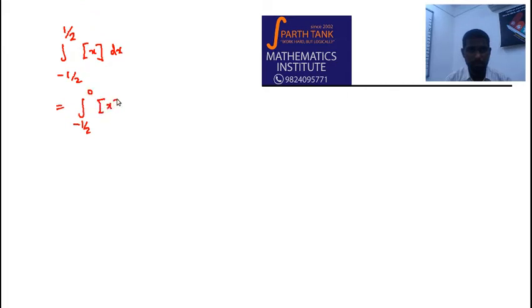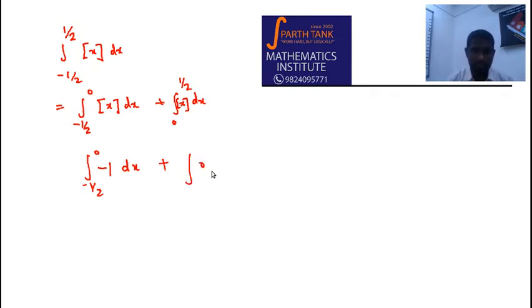Minus 1 by 2 to 0 and 0 to 1 by 2. Now for every number between minus 1 by 2 to 0, box x will have value minus 1, right? The integer that is just less than any number here is minus 1. And then for any number here, the value of box x in this region is 0.